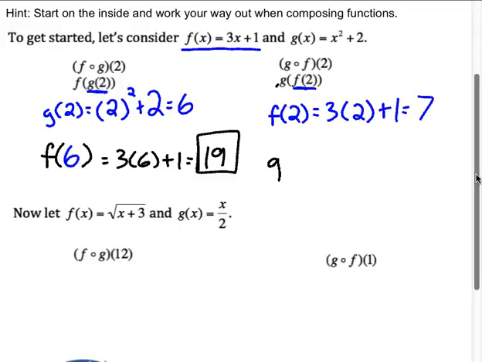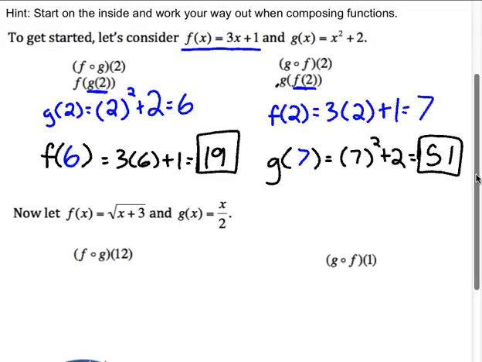And so now in that outer function, since f of 2 is 7, I can just plug that 7 into the g function now. So now I plug it into g. 49 plus 2 is going to give me 51.